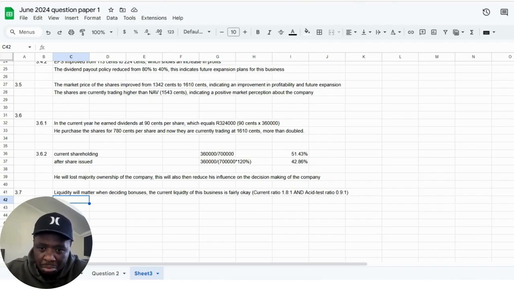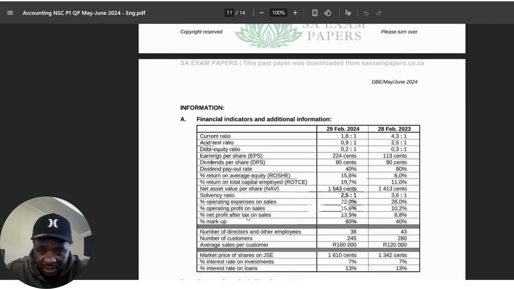It's not amazing, but it's decent enough to be able to pay bonuses. Next, the other point to look at is basically how is the business doing operationally, because you have to justify it. If employees are doing well operationally, then you might be able to grant maybe some bonuses.